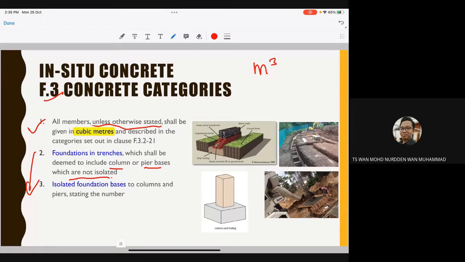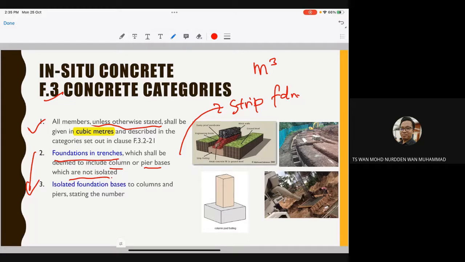Foundation in trenches ataupun kita biasa panggil sebagai strip foundation. Tapi ayat sebenarnya bila kita nak tulis dalam description, foundation in trenches. Tapi kita biasa belajar construct strip foundation. Tapi benda yang sama lah. Which shall be deemed to include column or pier bases which are not isolated.